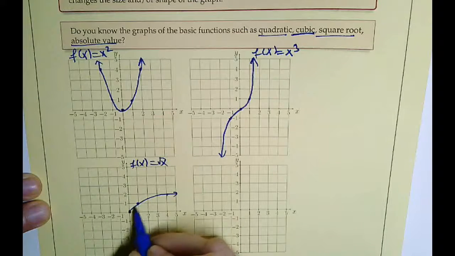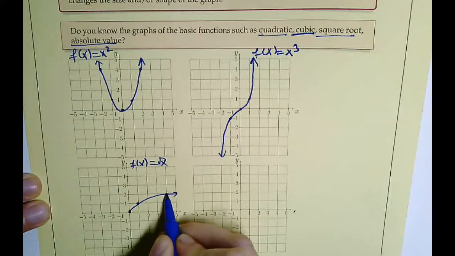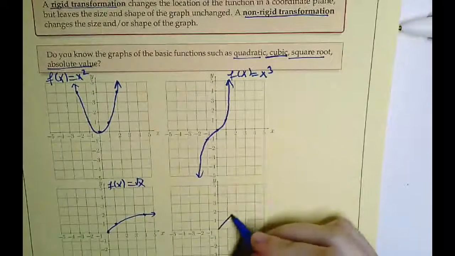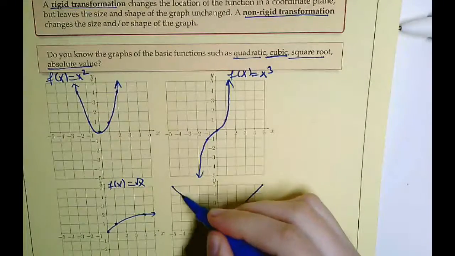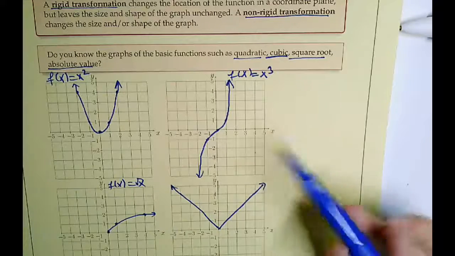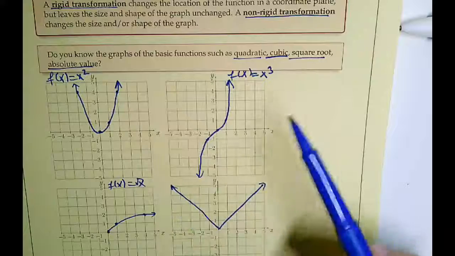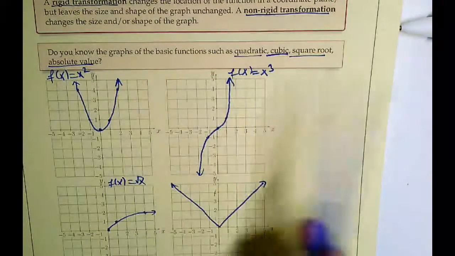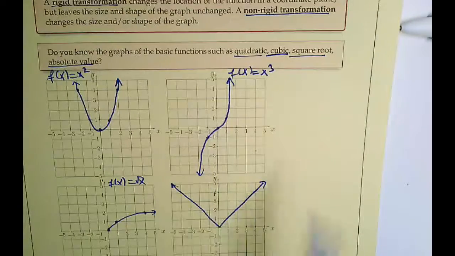At 0, the value is 0, at 1, it's 1, and at 4, the value is 2. And then the absolute value function, that's the V shape that I hope you remember. Okay, so knowing the parent function, the basic function, is going to allow us to move these around, stretch them, and get the graphs of more complicated looking functions.